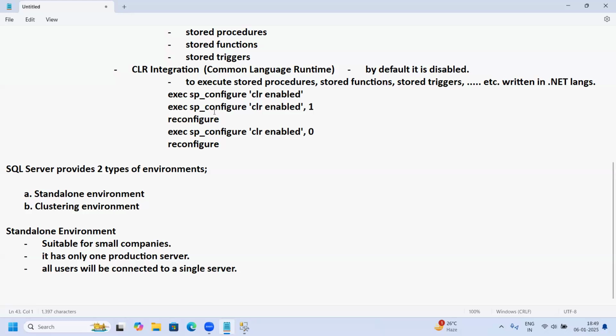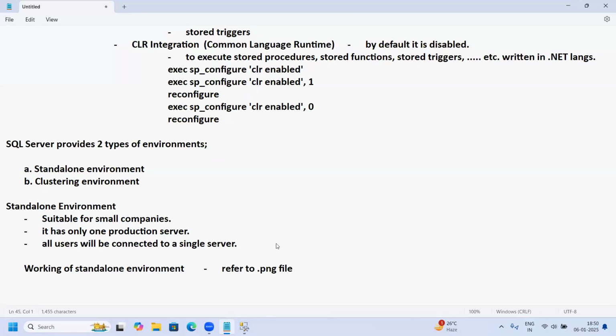Okay then. So now, let's understand how a standalone environment works. Later, I'll talk about clustering environment. So I'd better say, working of standalone environment. Refer to the .png file. This picture which I'm going to explain now, I have already drawn for the 8 o'clock batch students.